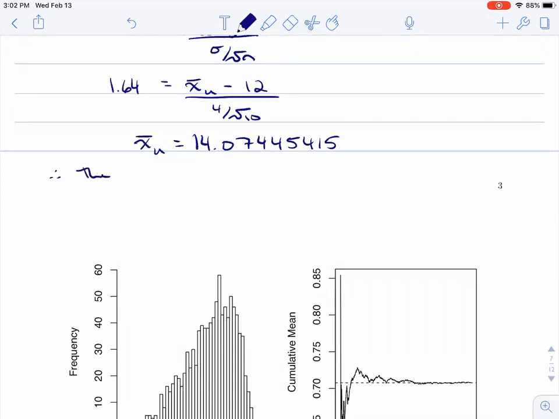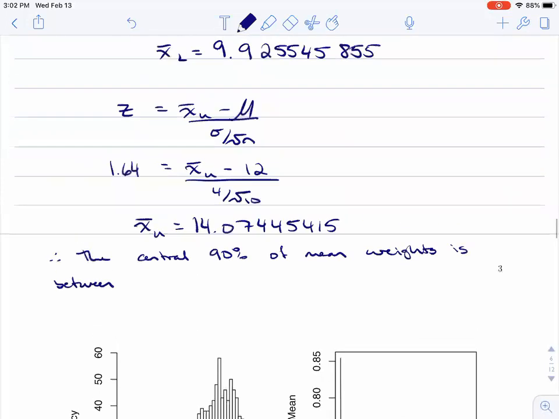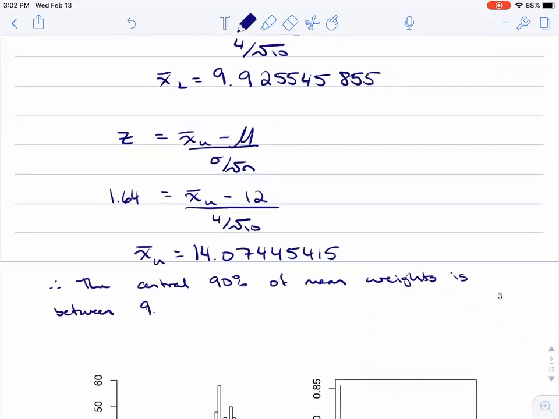Therefore, the central 90% of mean weights is between, let's say, 9.93 kilos and 14.07 kilos.